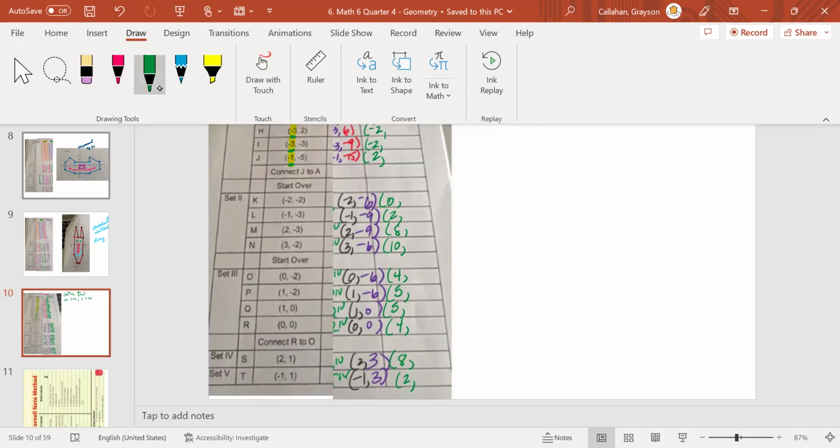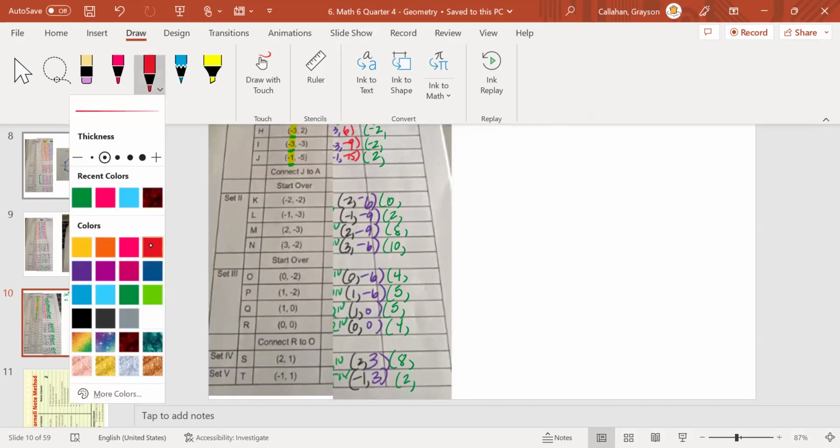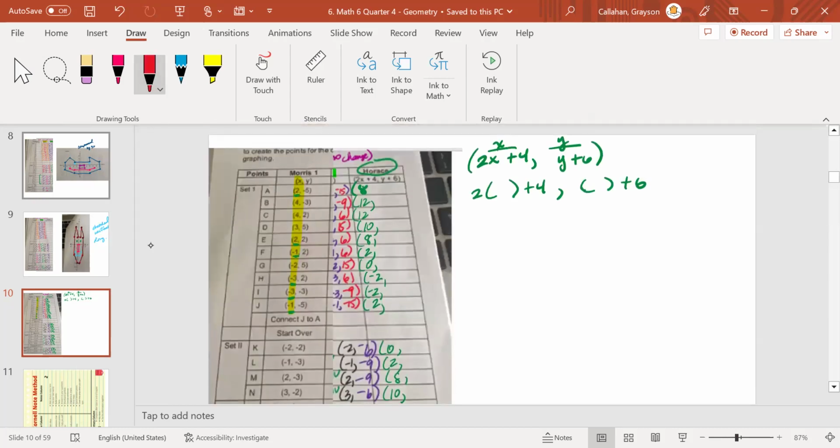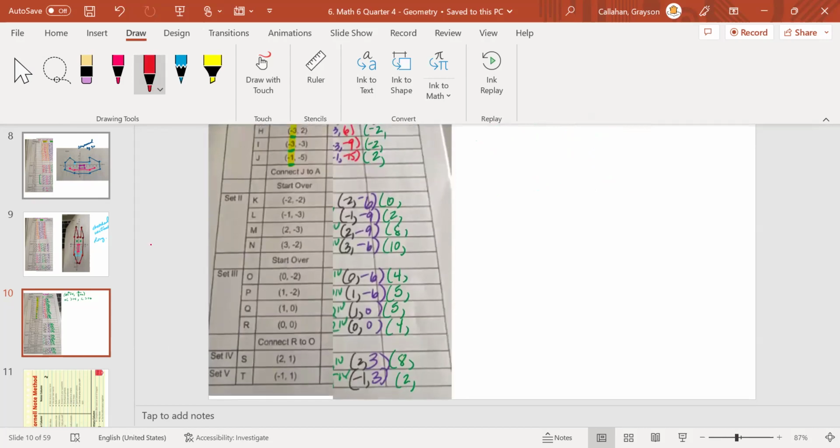Okay, so now that we're done with that, we're going to take a look at y, right? The y, you just add 6, okay? 1 plus 6 is 7. 1 plus 6 is 7. 0 plus 6 is 6. That's going to be a 6. Negative 2 plus 6 is 4, right? Negative 3 plus 6 is 3. Negative 2 is a 4.